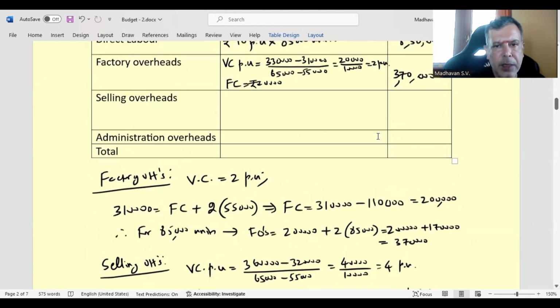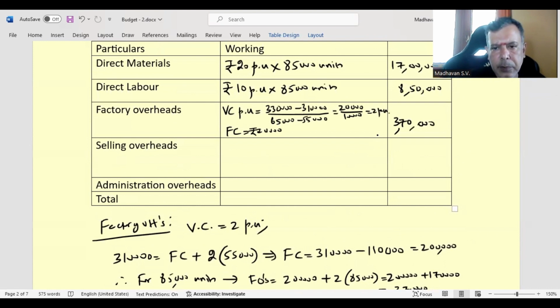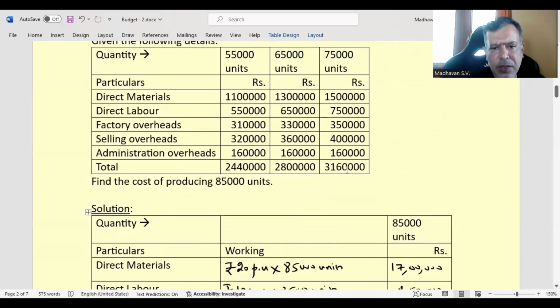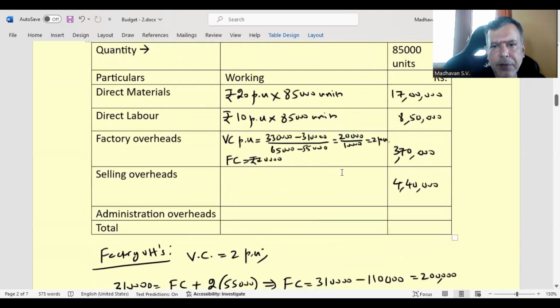So that will come here. Then we see administration overhead, it is constant 1,60,000. So even for 85,000, it should be fixed.